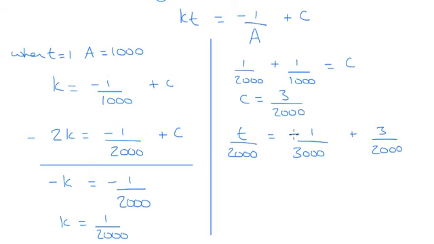So if I work this out and then times it by 2,000, that will give me T. So minus 1 over 3,000 plus 3 over 2,000 is 7 over 6,000. Times that by 2,000, I get 7 over 3. And that's in hours.